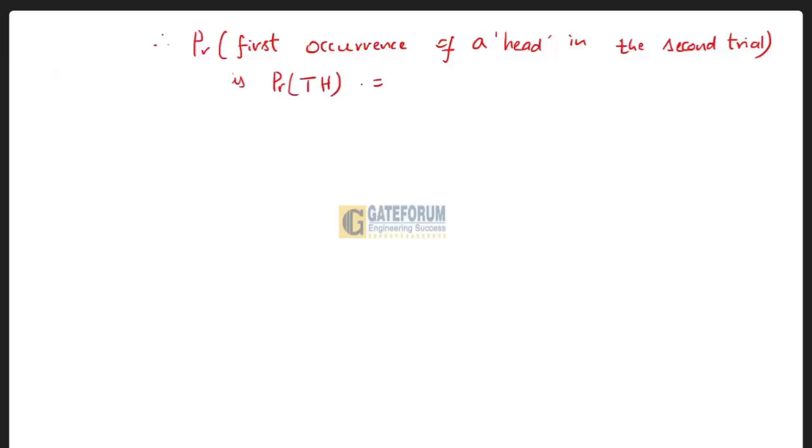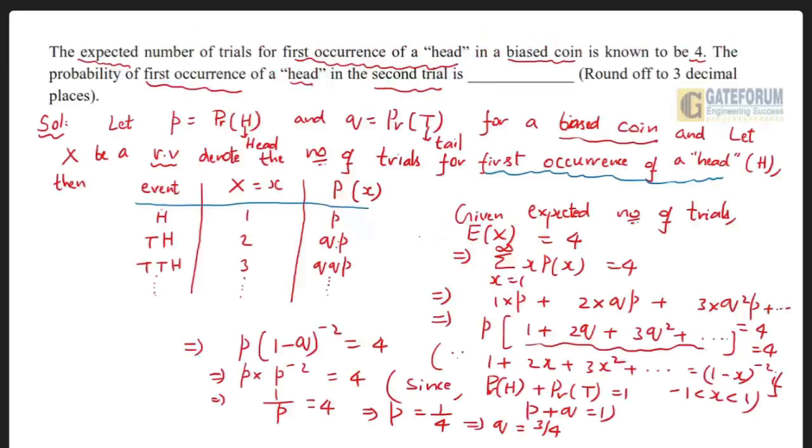So the probability of the TH event outcome is given by Q into P. See, this is the event TH, probability is QP.